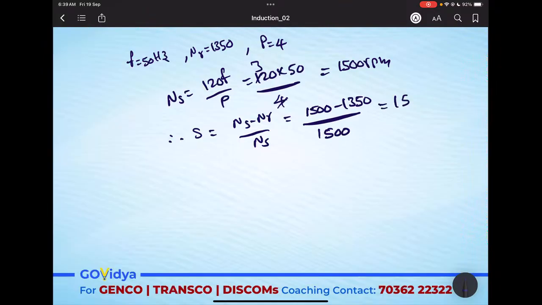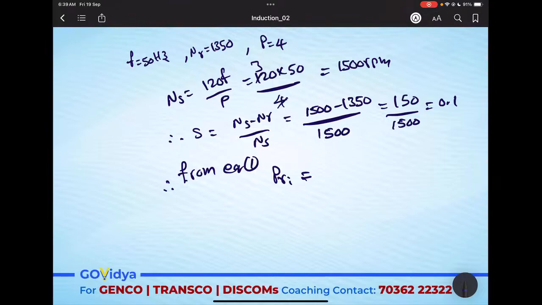It will be 150 divided by 1500, which is 0.1. Therefore, from equation 1, rotor input power can be written as 1 by 1 minus 0.1 into 7.2, which is 1 by 0.9 into 7.2.